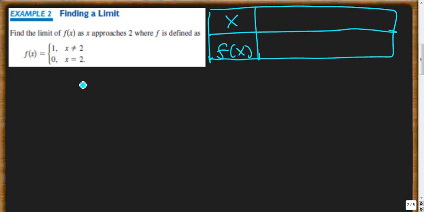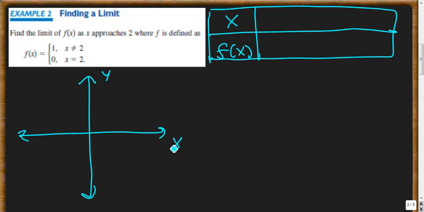And let's make a graph. So our table is going to look something like this. Now, let's do several points. We're looking at 2, so let's look at the points 1, 2, 3, 4, and 5.